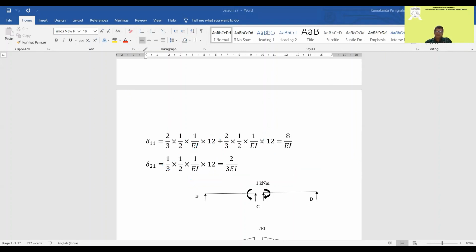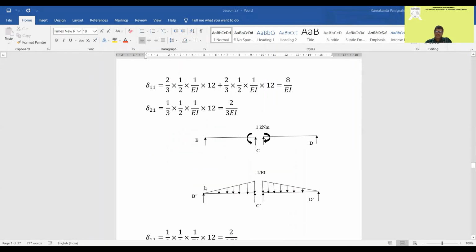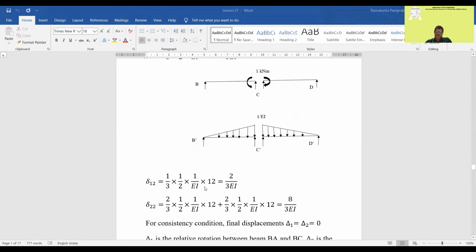Let us understand the next flexibility matrix, delta 1/2 and delta 2/2. So you apply the unit moment at 2 and find out the reaction at B and C, the rotation at B and C. Rotation at B corresponds to the shear force at B dash.